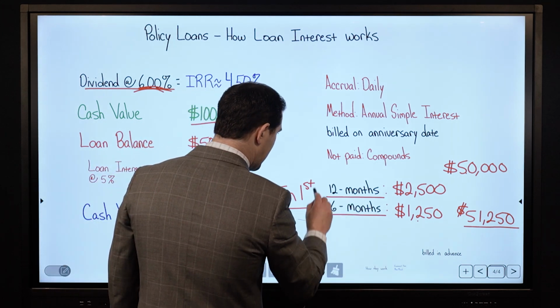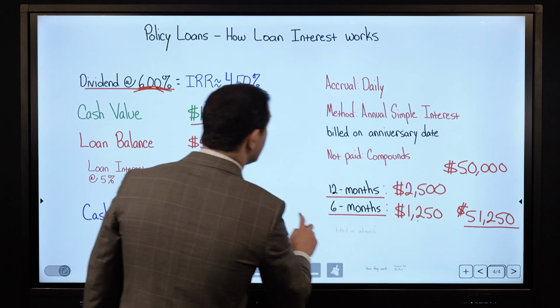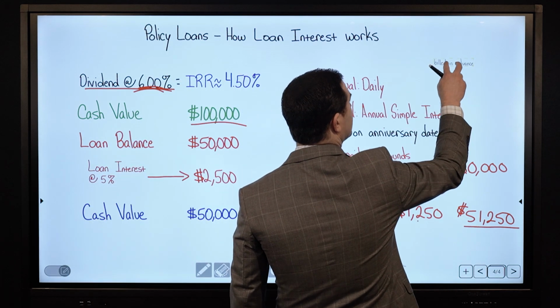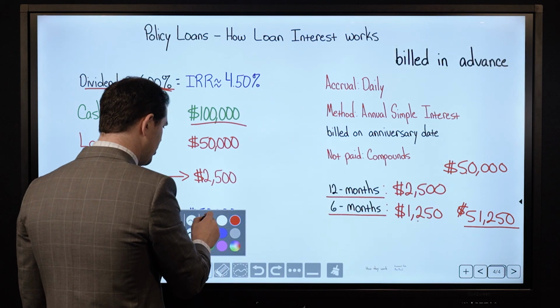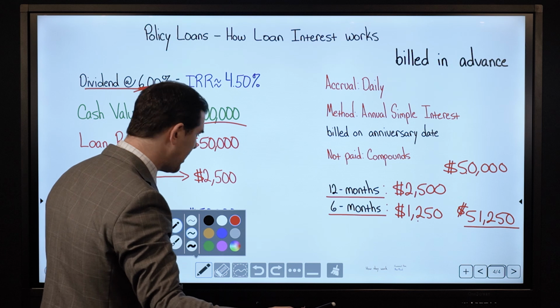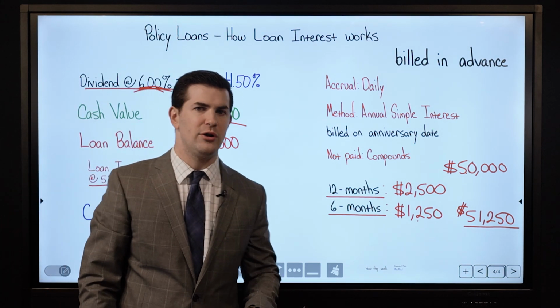So the last point I want to touch on here, hopefully this has been helpful, is that some companies bill in advance. So what this means, Guardian does this. Let's assume the same example, that you have a 5% loan interest rate.